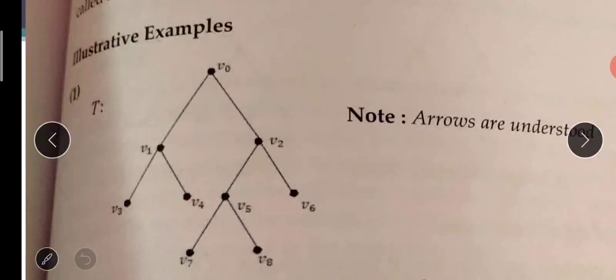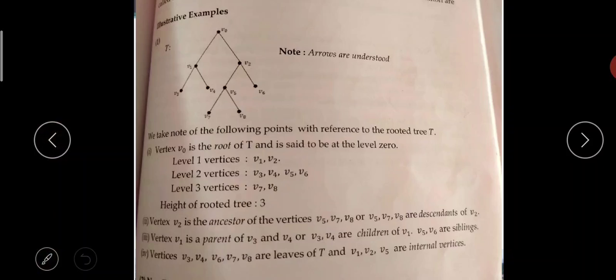Next, V5 and V6: these are siblings. And V3, V4, V6, V7, and V8 are leaves. We understood what the leaves are.